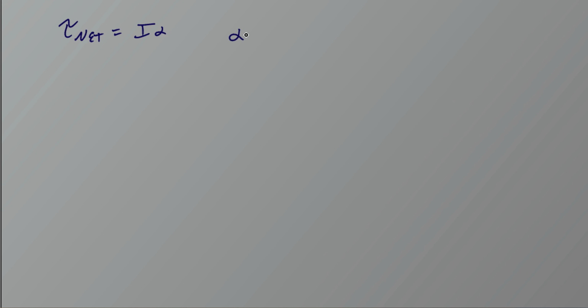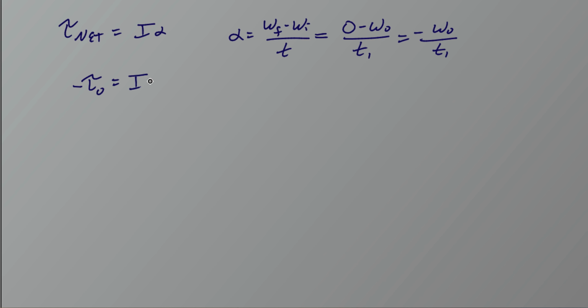We know the angular acceleration is omega final minus omega initial over our time, which for our problem, omega final is 0, omega initial was omega 0, divided by time t1, so that's minus omega naught over t1. Now, looking at our net torque, it looks like we have negative tau 0 equals I alpha when we cover our directions.